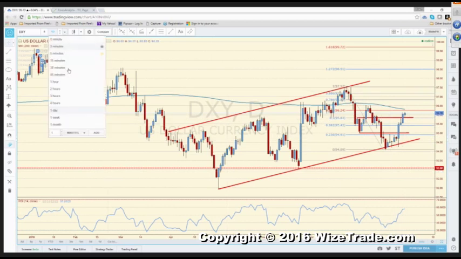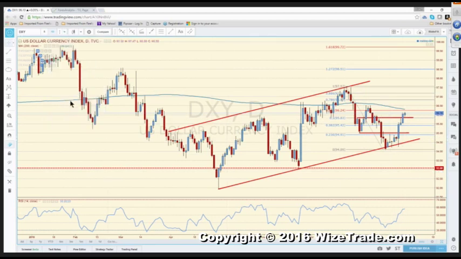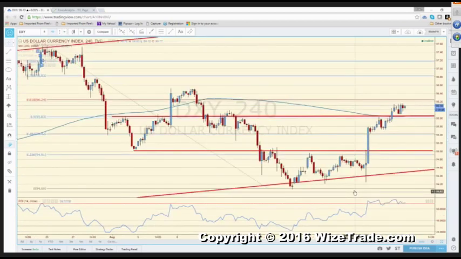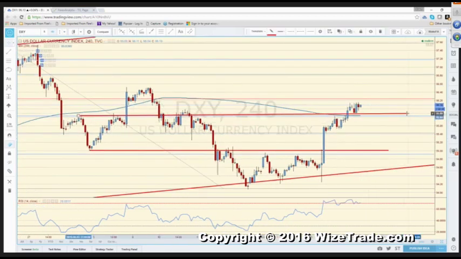Actually, I want to look at that a little bit closer. You can see this is a very high traffic area, so I think this is all going to be pretty decent support through here. You can see the breakout points here.